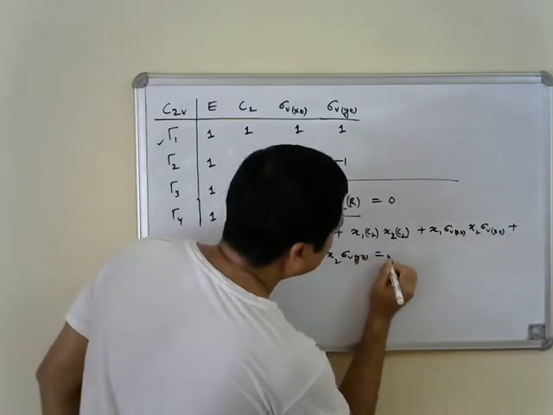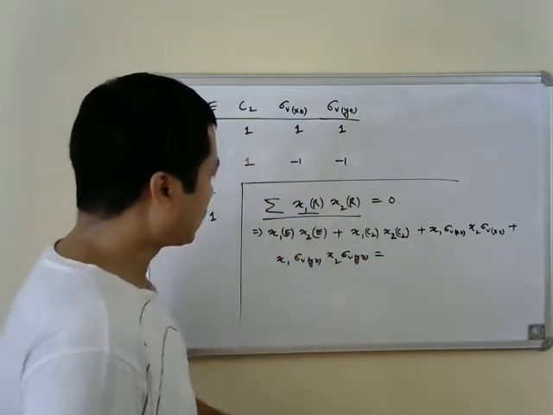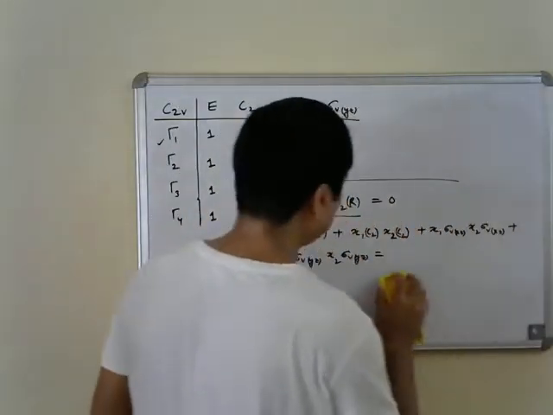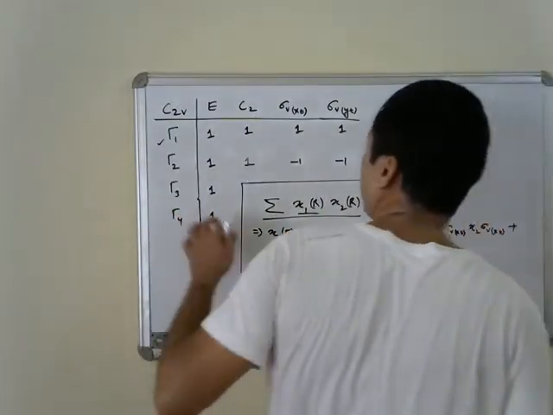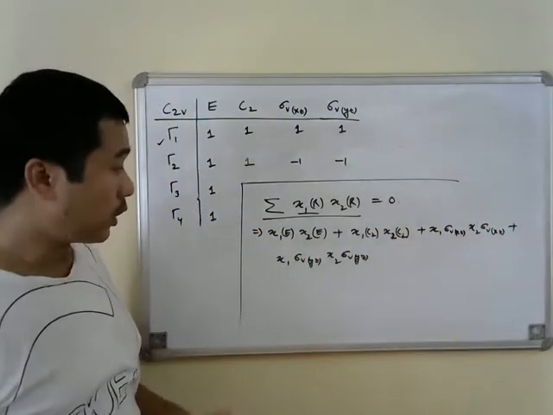So this must be equal to 0. Let us find whether it is equal to 0 or not for these two irreducible representations to be orthogonal to each other.